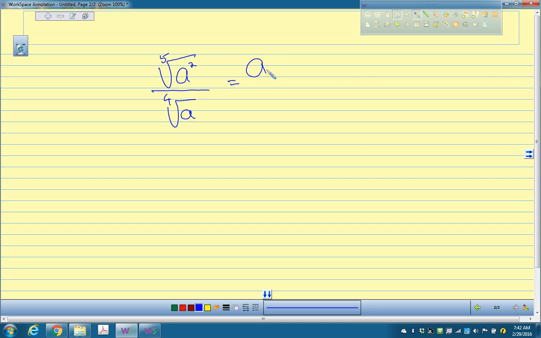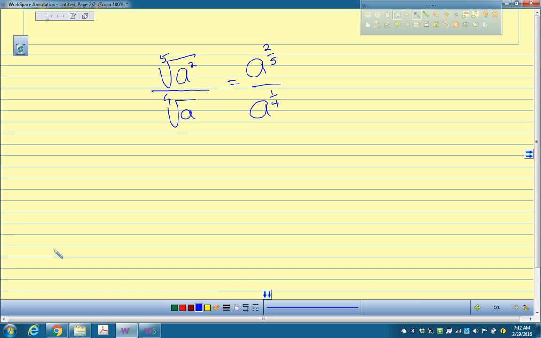What goes on the bottom of the fraction? 5 or 2? 5 goes on the bottom of the fraction. What goes on the top of the fraction? 2. So this is the same as a to the 2/5. And this is the same as a to the what? 1/4, right? So now you got to find it.